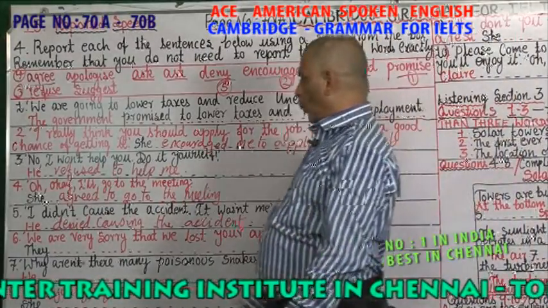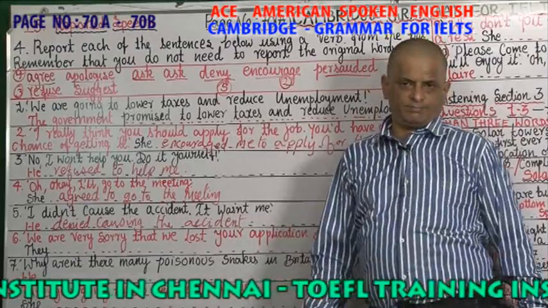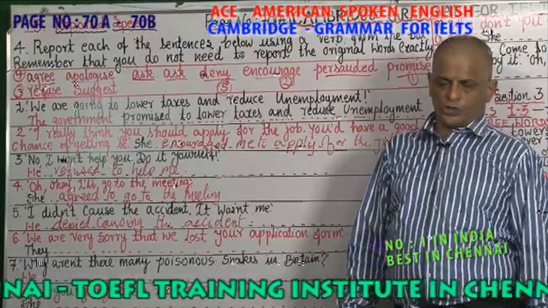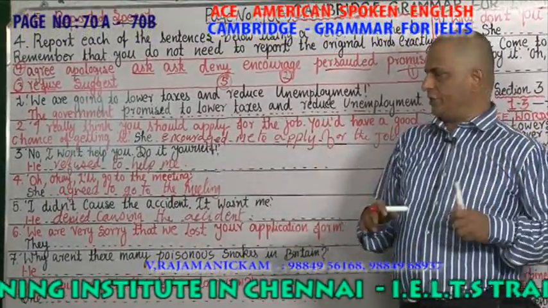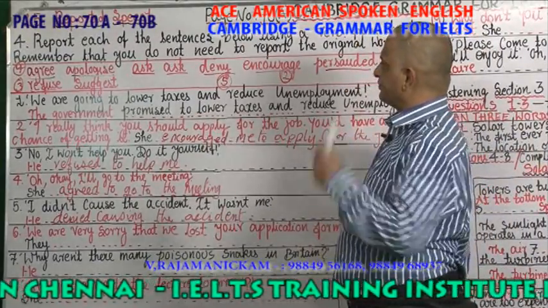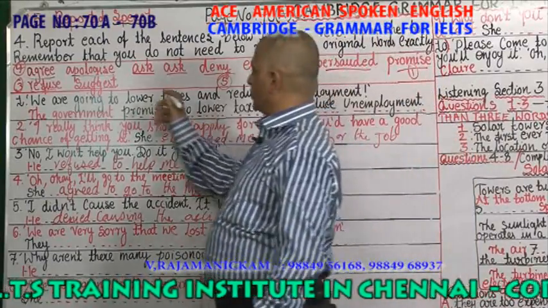Number 6. We are very sorry that we lost your application form. So in bank you have applied an application form, or in a college, they say, sorry, we have lost the application form. So what is that? You can use reported verb. They apologize. Right, sixth one.